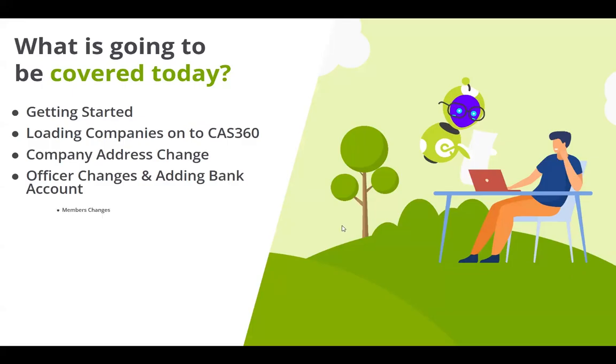Next, lesson number 5, we're going to cover more on members changes. So we have different types of member changes that are available within the software, which includes your allotments of shares, subscriptions of shares. We're also going to learn how to process share transfers.